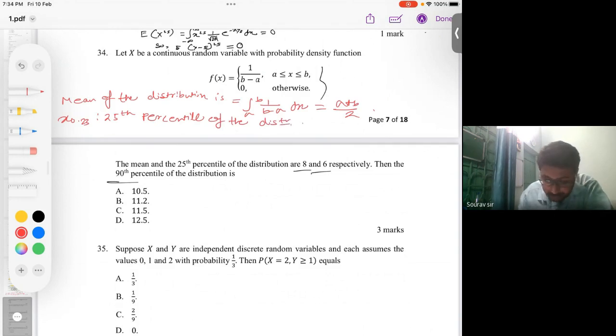Now, after this part, I am starting the solution here.